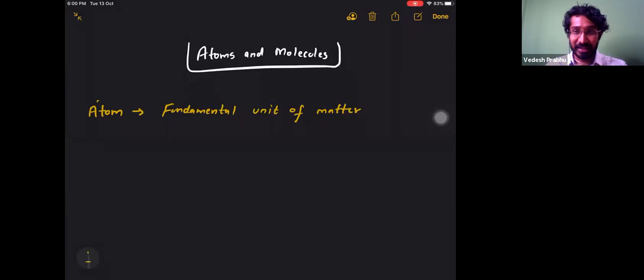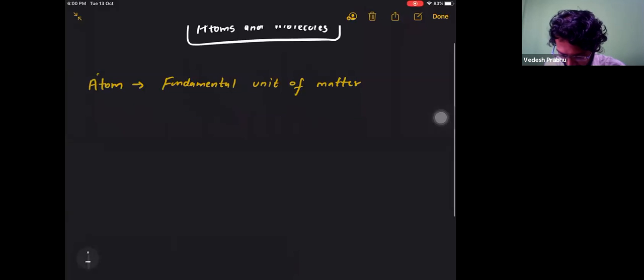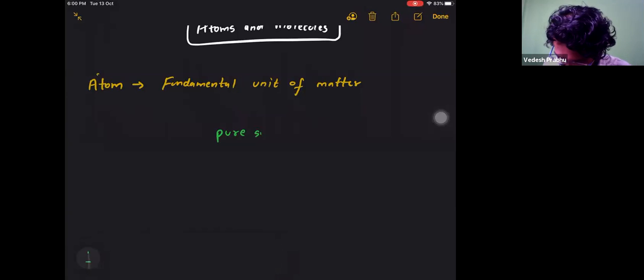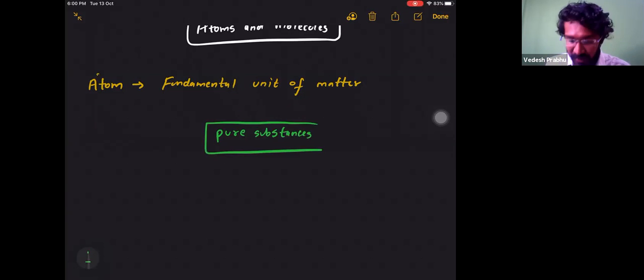The next important thing you're supposed to know is about this. In the previous chemistry chapter, we learned about mixtures as well as pure substances.